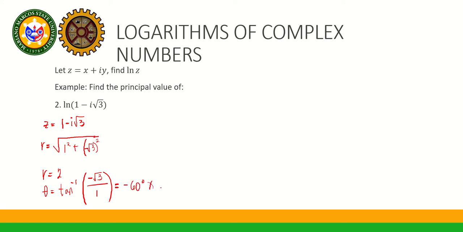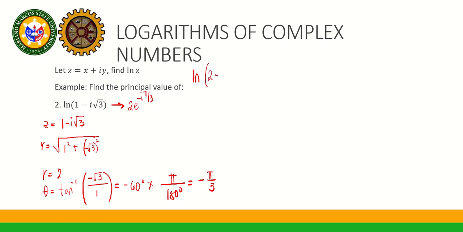And if we convert this into radians, that will be equal to negative pi over 3. Okay. Ngayon, yung ln natin, kinonvert natin siya into exponential na agad. So, this will be equal to 2e raised to negative I pi over 3.